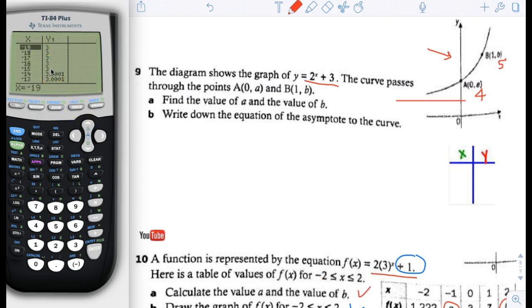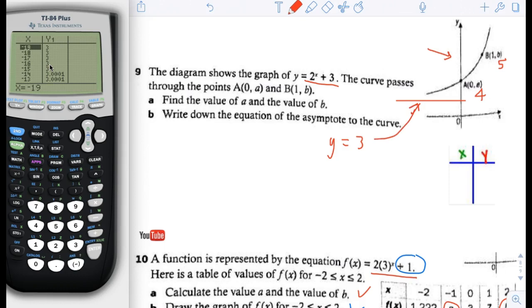Eventually it actually gets to 3 because the calculator is not capable of displaying numbers that are really wide in this table. So we can say that the equation of the asymptote is y equals 3, okay, because the y value here is 3, and that is the asymptote.